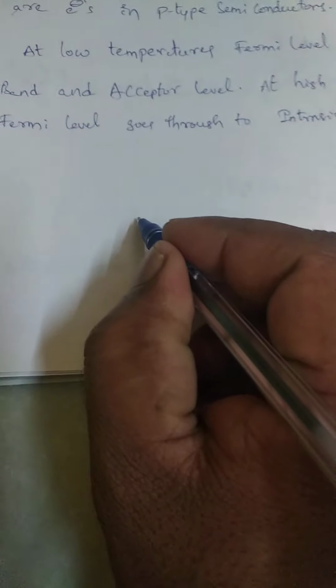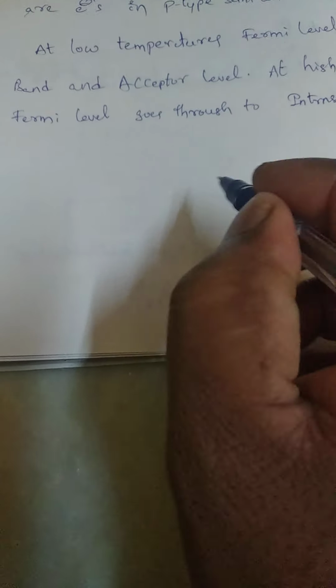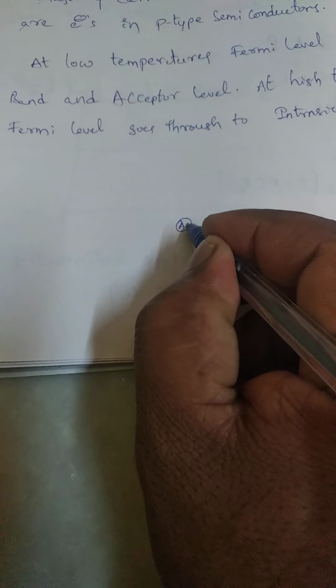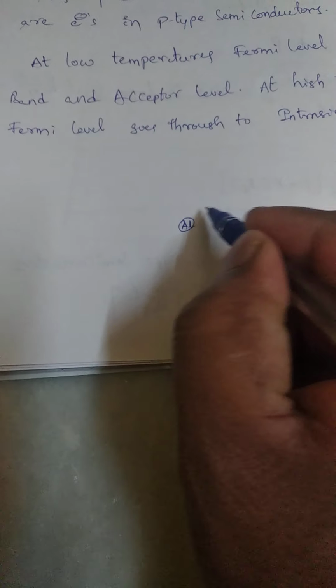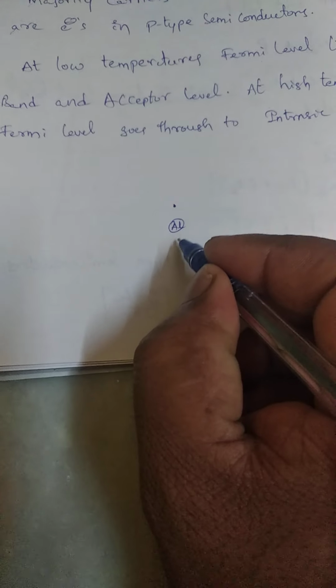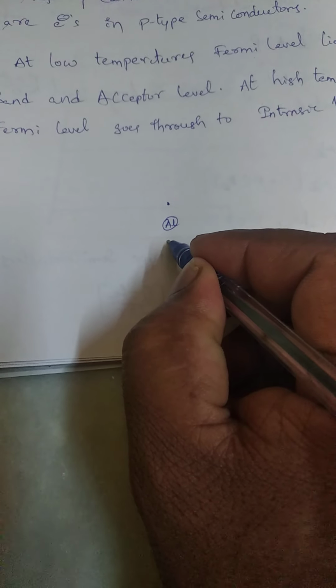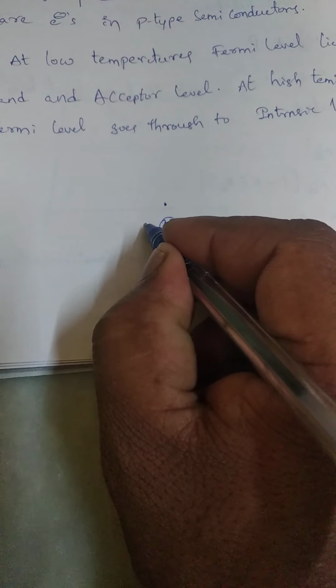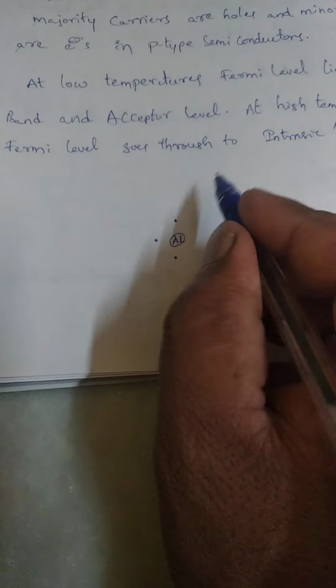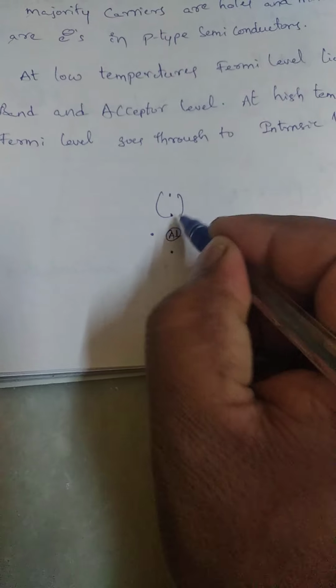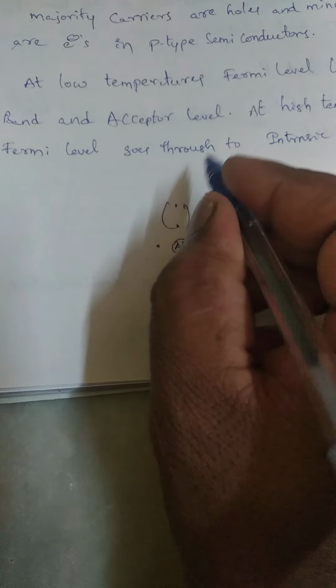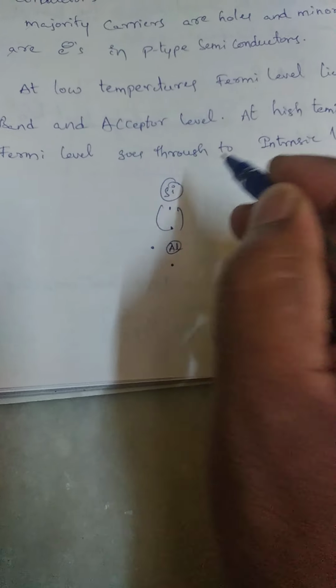Consider the trivalent atom aluminum. Aluminum having three valency electrons. These three valency electrons are making covalent bonds with the surrounding silicon atoms.